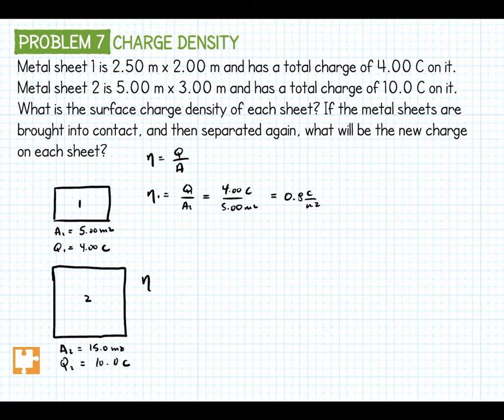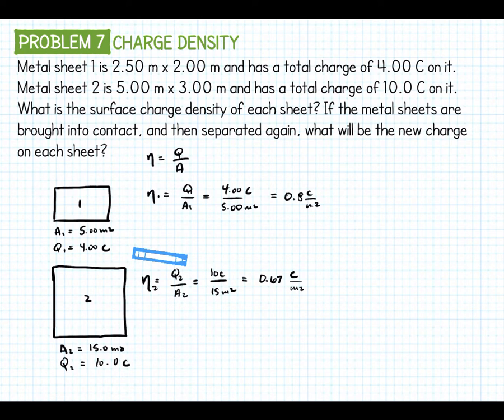So our surface charge density for 2 is Q2 over A2, and that's going to be 10 coulombs over 15 meters squared, which is equal to 0.67 coulombs per meter squared. Okay, so that's what we're starting out with.